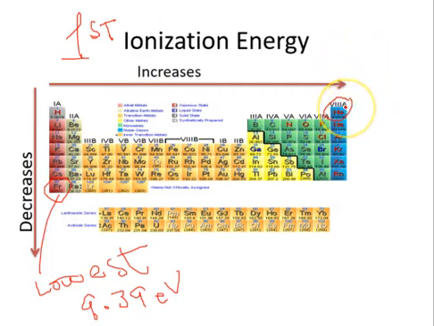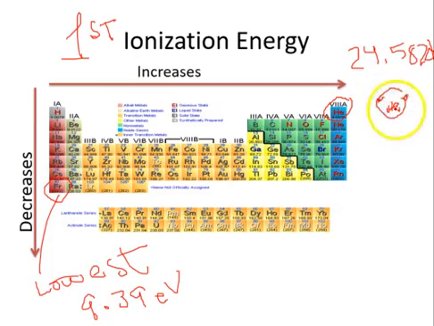And helium has the highest ionization energy with 24.5874. He doesn't want his electron to be taken away in any way, shape, or form, because remember, he has achieved noble gas configuration. He's got his 2 electrons in his 1 energy level.